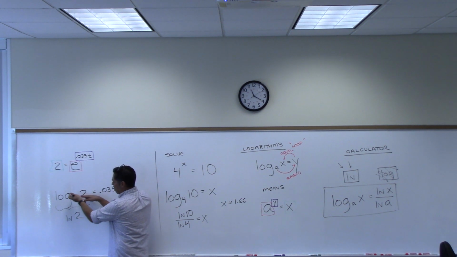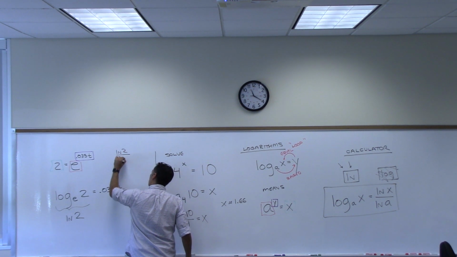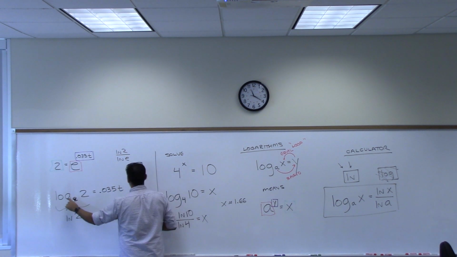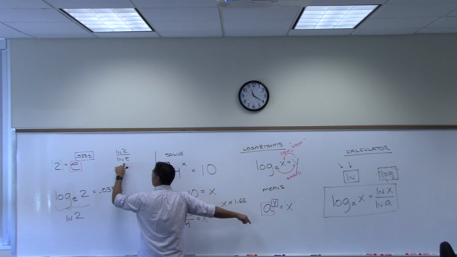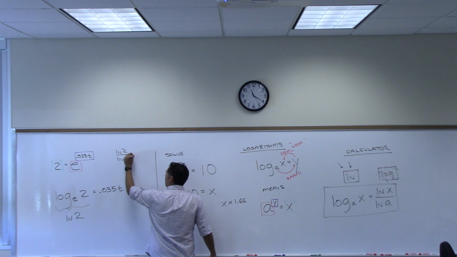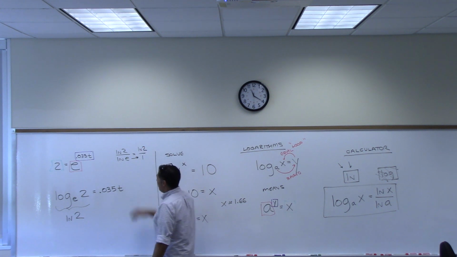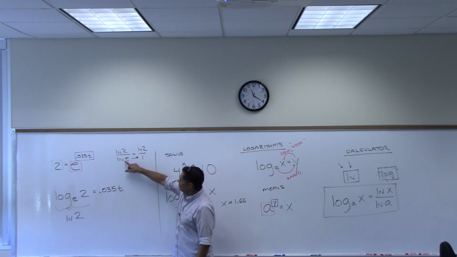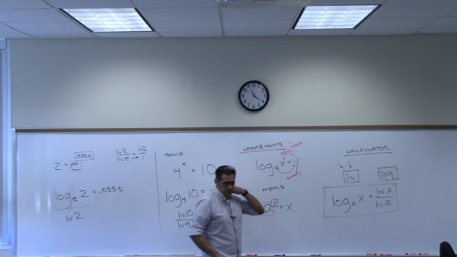So this just becomes natural log of 2. Instead of doing natural log of 2 over natural log of e, that's what you would have to do if you use that formula. Then the bottom is 1. So you either do this on your calculator or you just use the fact that it's natural log of 2.